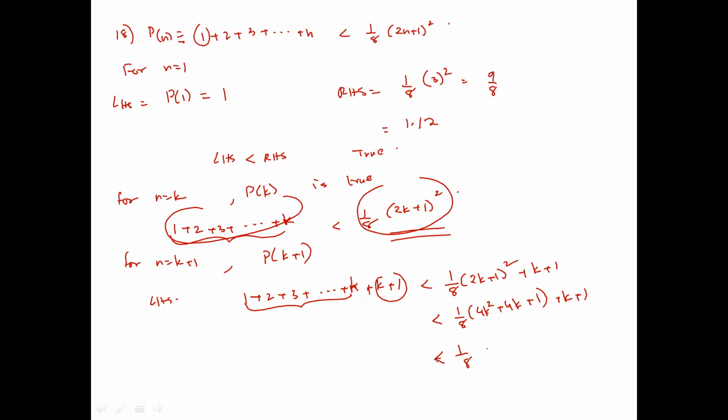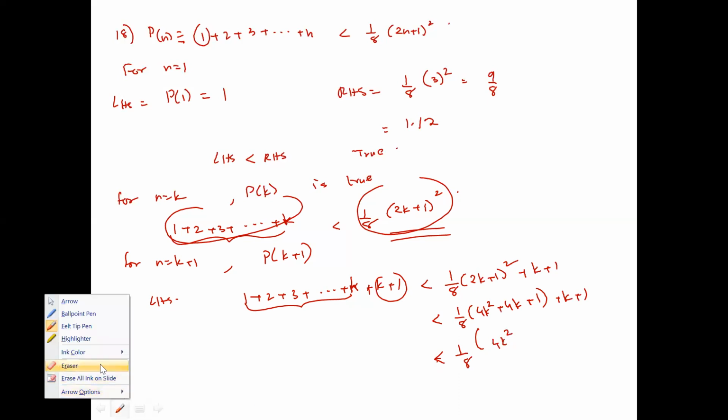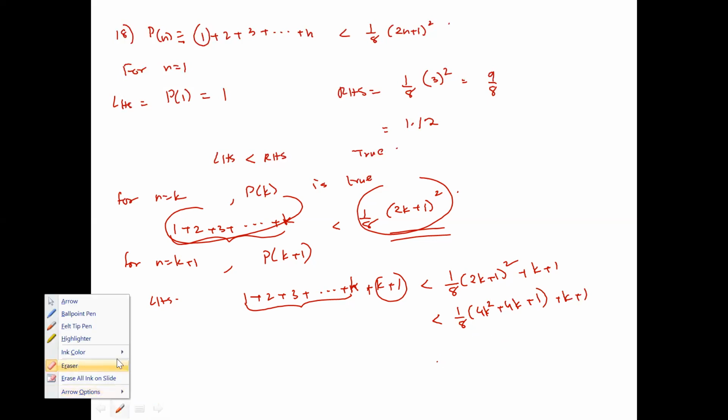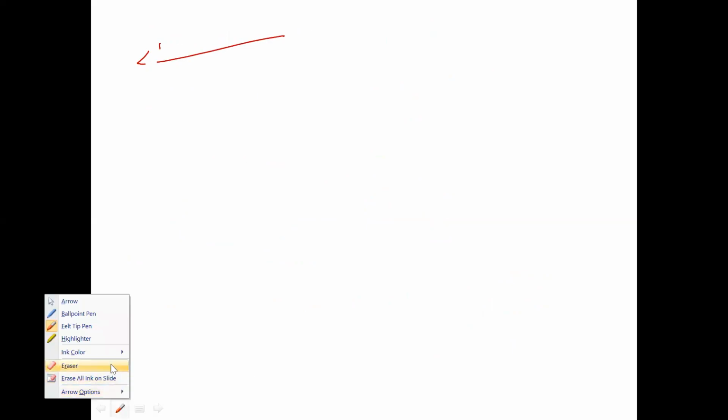Or here I can write 1 by 8 into 4k square plus 4k plus 1, plus k plus 1. I will write on the new page. I will take the LCM as 8, the common denominator 8.